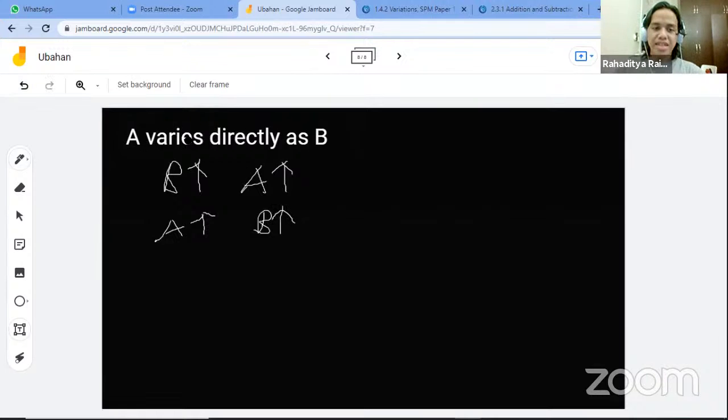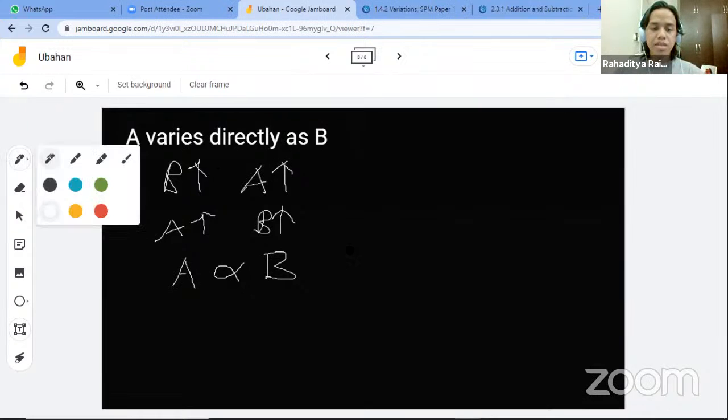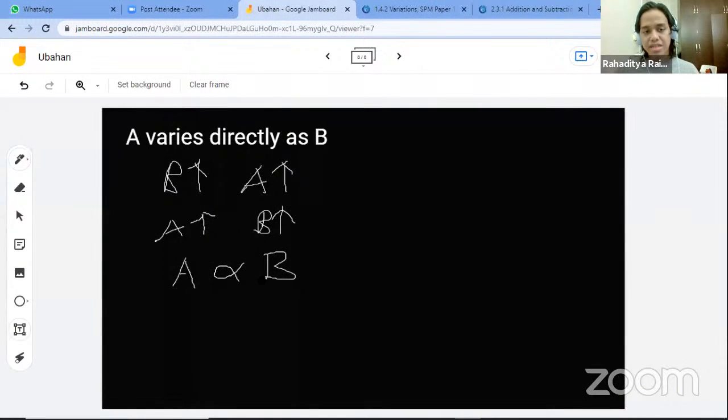To write this down in mathematical terms, you usually write it like this: A varies directly as B. Essentially what this means is that if we were to put this in a graph, let's say I put A as the x-axis, when A goes to the right, B will also increase.